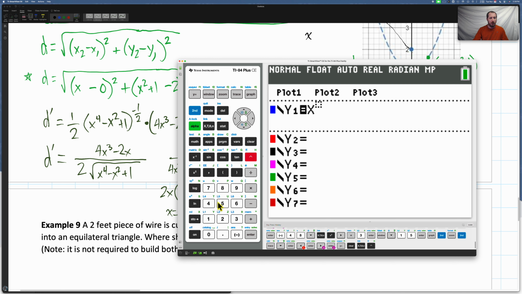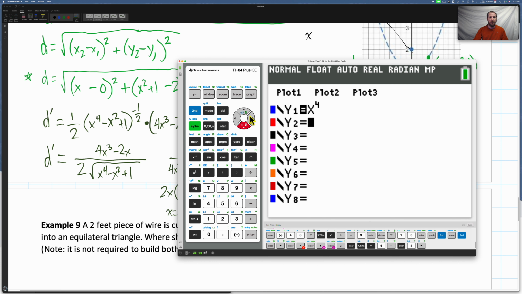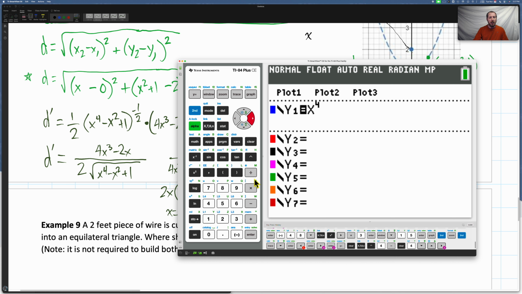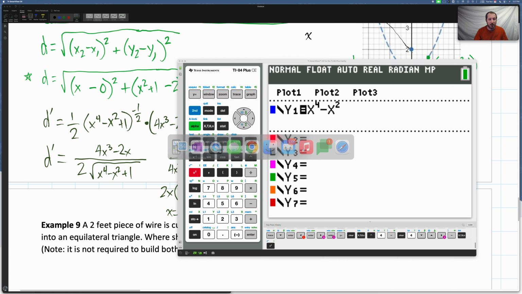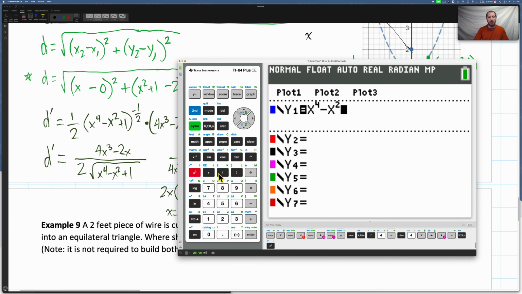X to the 4th minus, oops. X to the 4th, get out of that x, what just happened? Struggling. Minus x squared, is it plus 1? Plus 1.